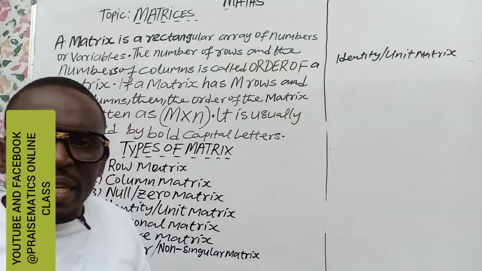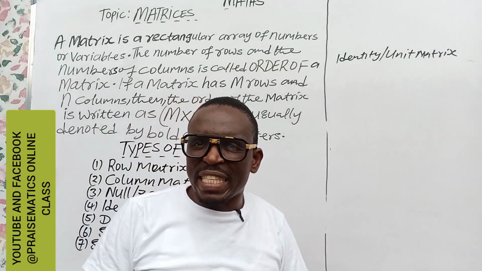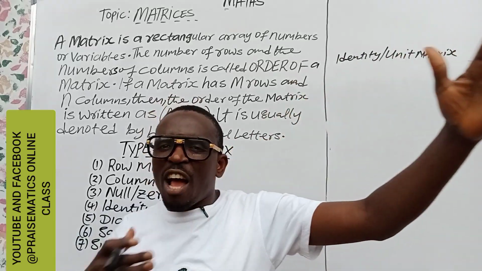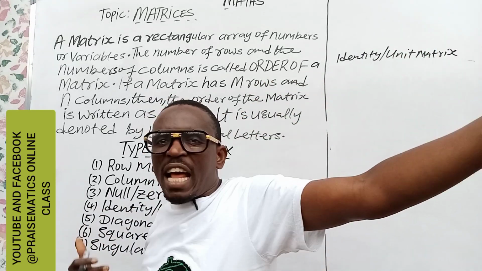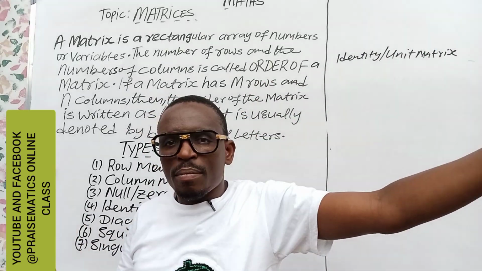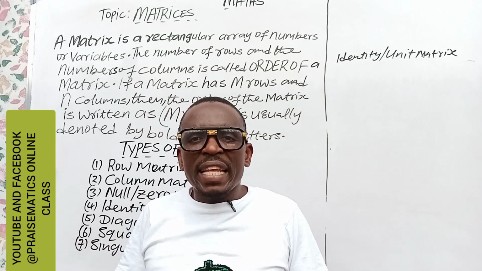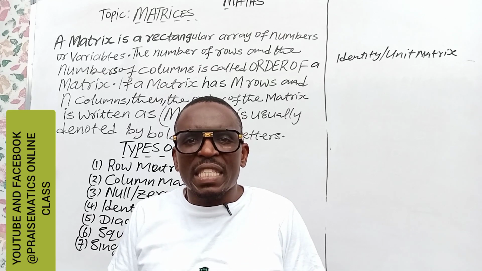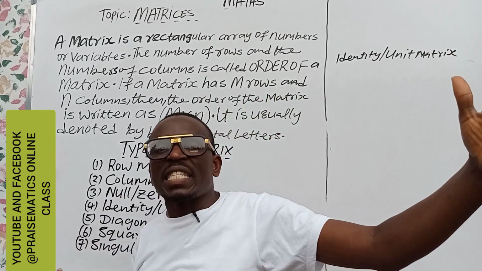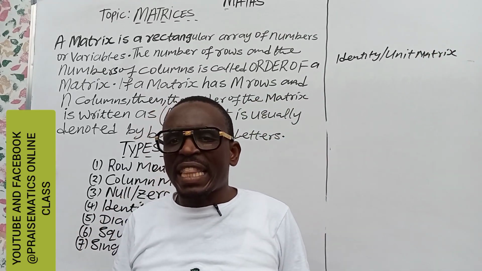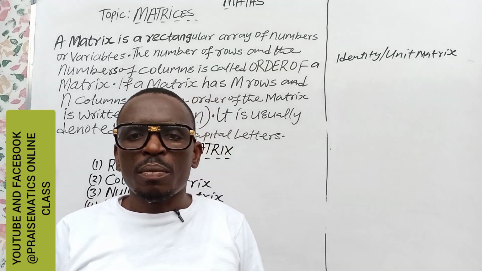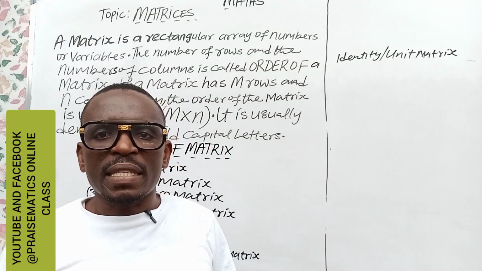Identity matrices are a type of matrices in which their leading diagonals are 1. Unit matrices or identity matrices are a type of matrices in which their leading diagonals are 1 and other entries are 0. And that is it.